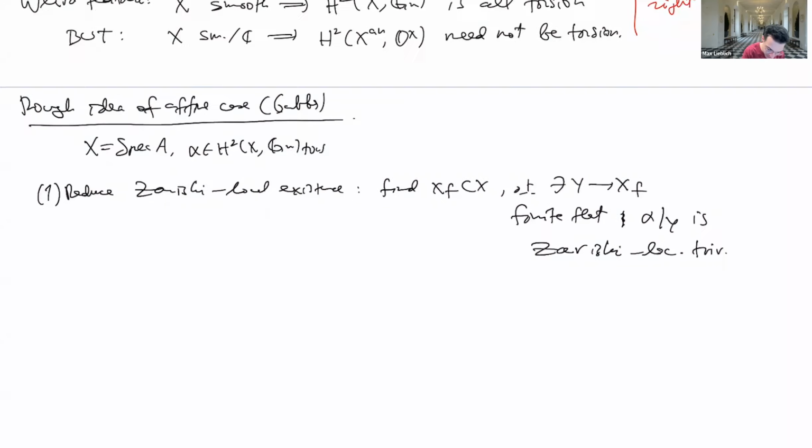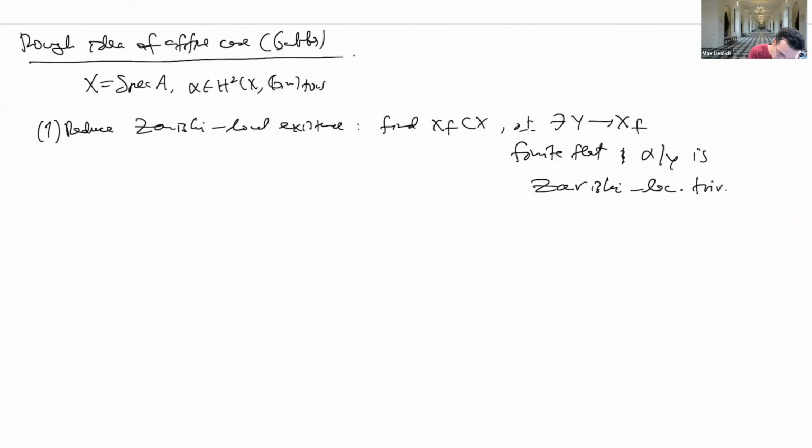Okay. And then the second thing is, now what do you do if you've got this cover, assuming Zariski local solutions? We solve in general by gluing. So we need to somehow glue them together.